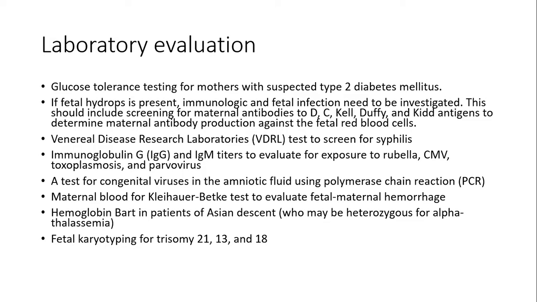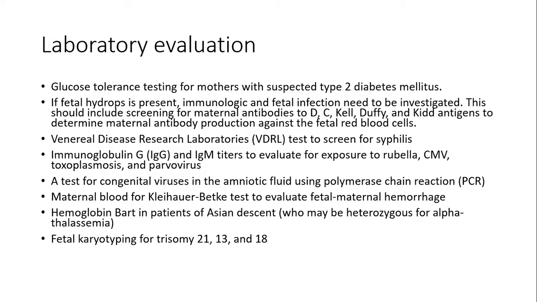Tests for congenital viruses may be done by PCR testing of amniotic fluid, which you can obtain by using the amniocentesis procedure. Kleihauer-Betke test from mother's blood is useful for evaluation of fetal-maternal hemorrhage, which may occur in cases of Rh incompatibility.